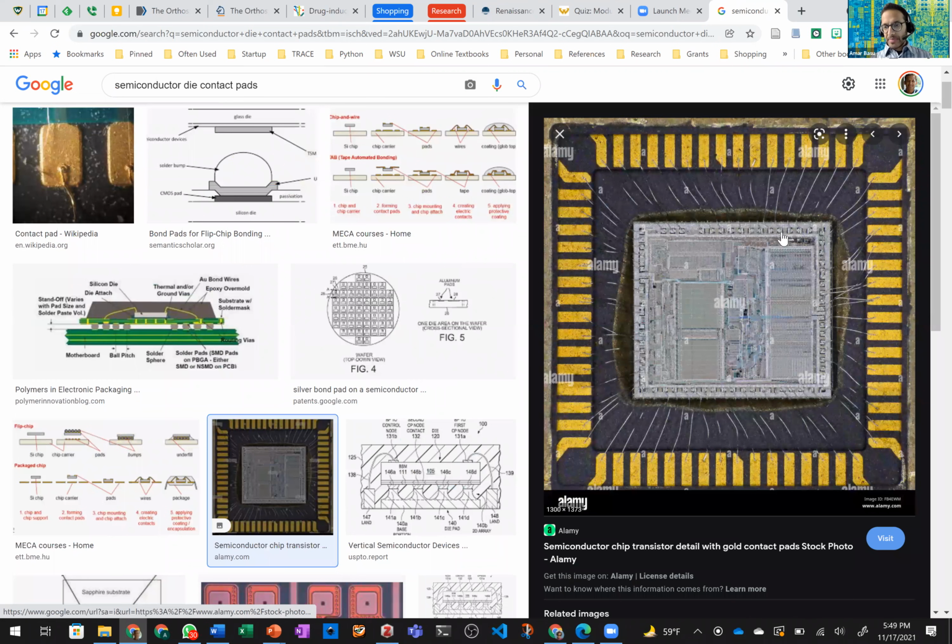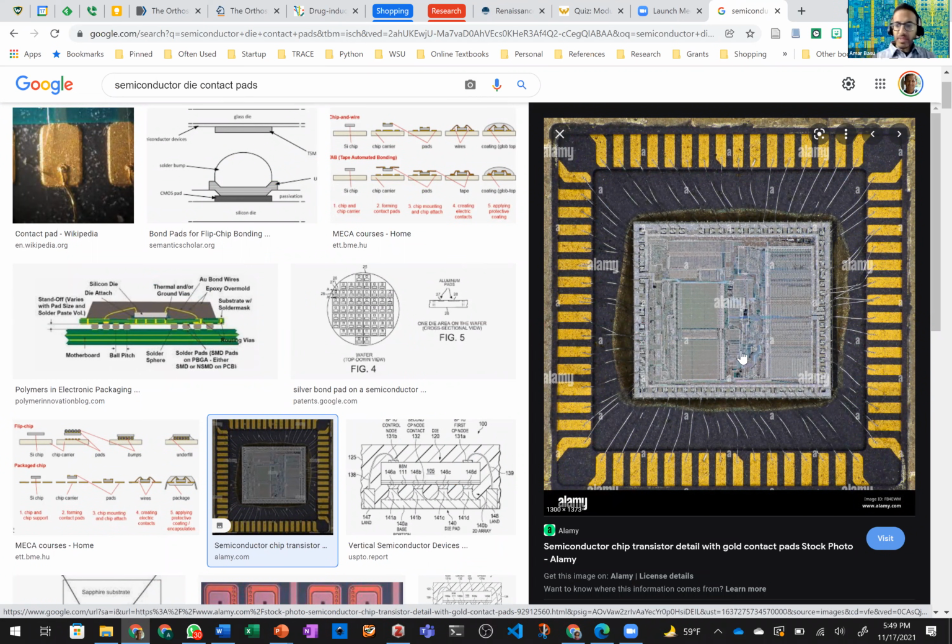This is an actual picture of a typical semiconductor chip. It has all the transistors inside of here. You'll notice around the edge of the semiconductor, you have these metal squares, right where I'm pointing. These are called metal contact pads. This is how you make electrical connection to the semiconductor.